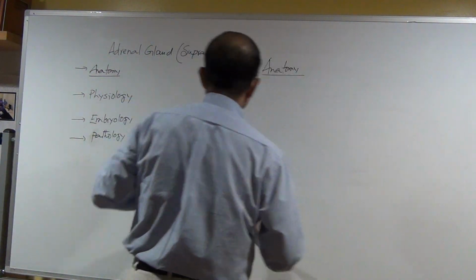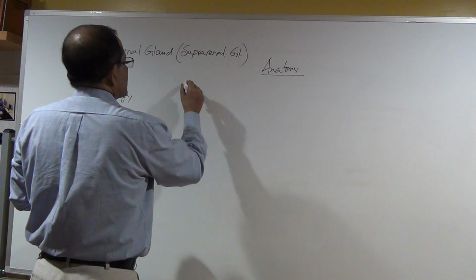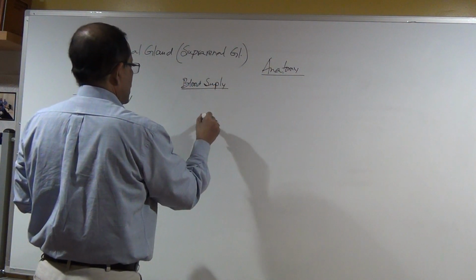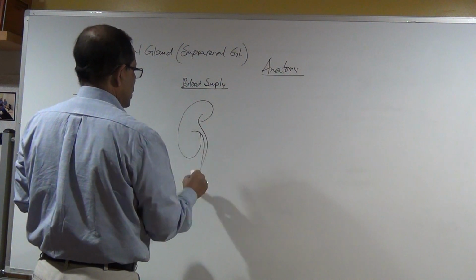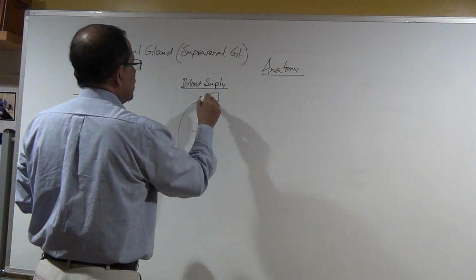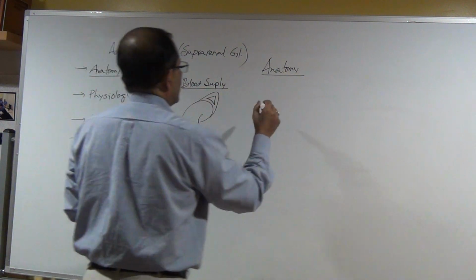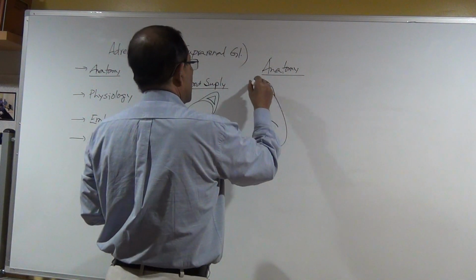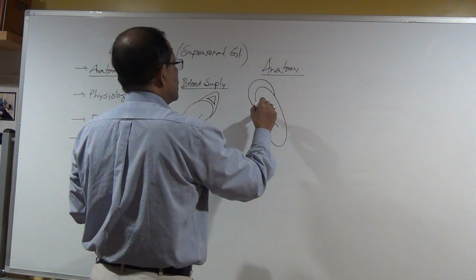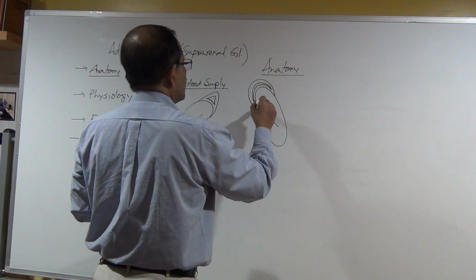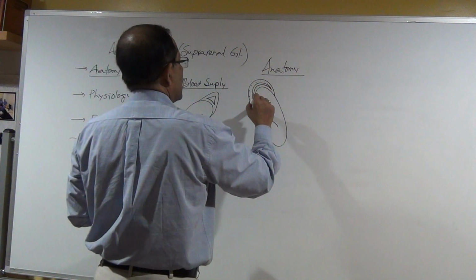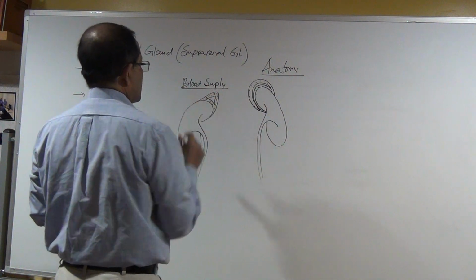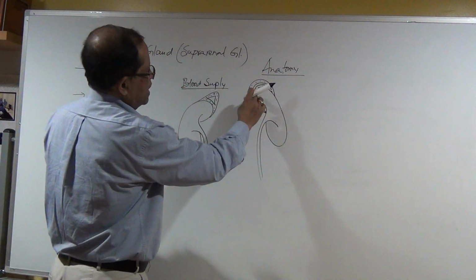If I draw the diagram, okay, so this is right, it's triangular, and on the left side, semilunar.